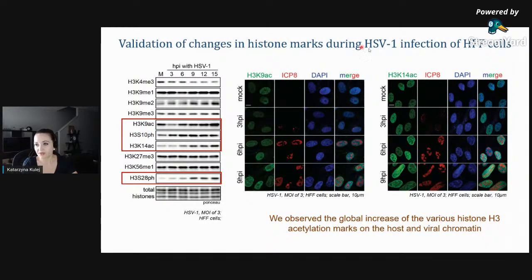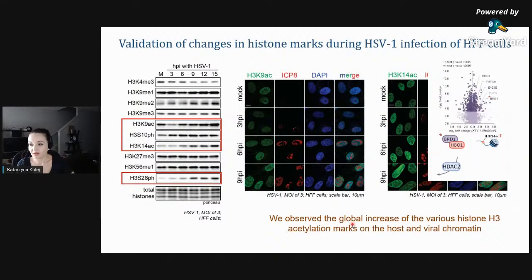We verified our observation by IF as well, and you can see that over the time course, indeed, the staining becomes brighter. What is interesting is that when we look at the ICP8 protein, which stains the viral replication centers, it looks like these acetylations are excluded from the viral replication centers and are primarily on the host chromatin in both cases.